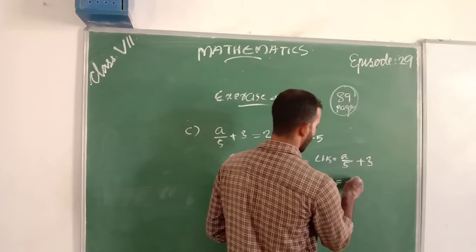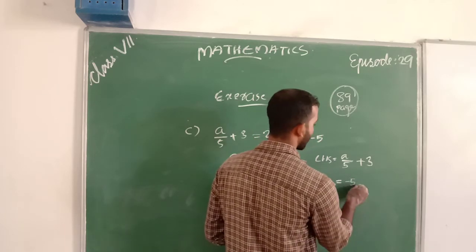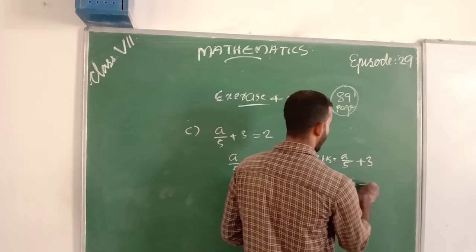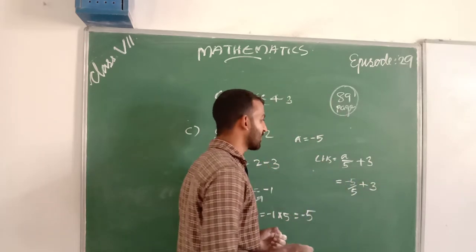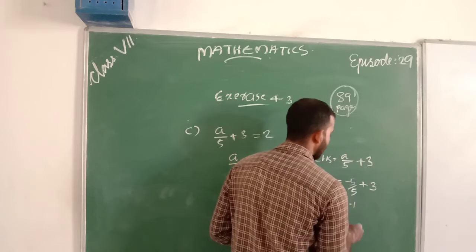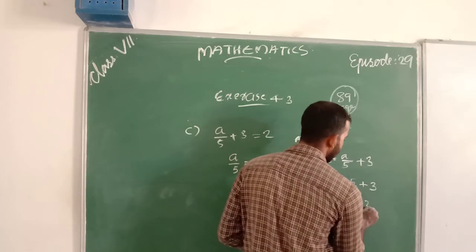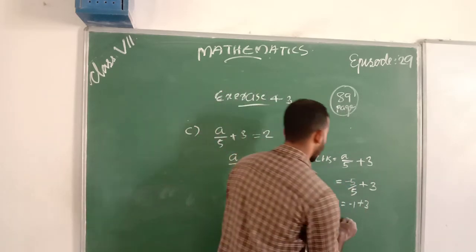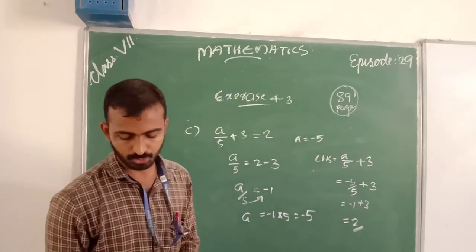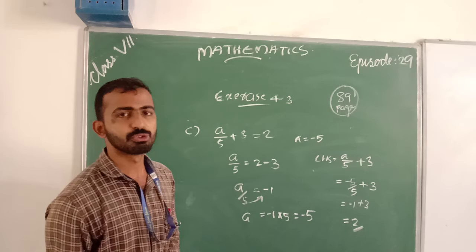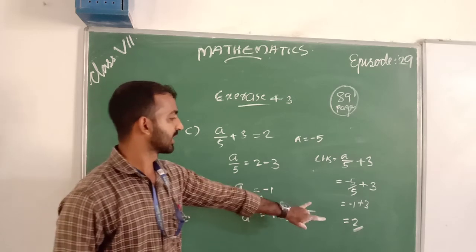A means negative 5 by 5 plus 3. Negative 5 by 5 means negative 1 plus 3. Here we get 2.